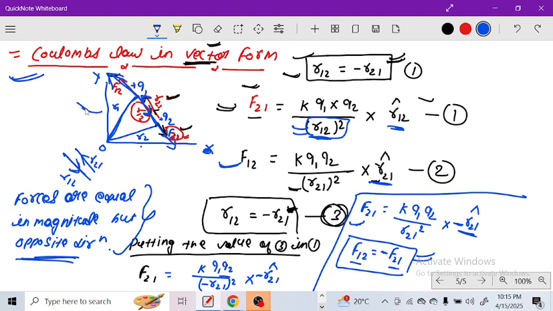Write this figure clearly, Kavya. Okay, sir.